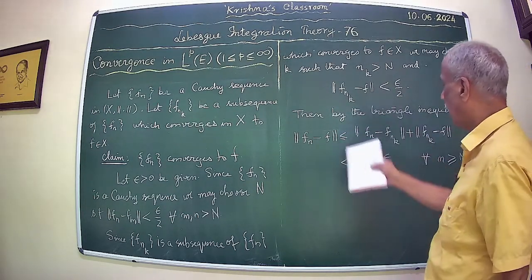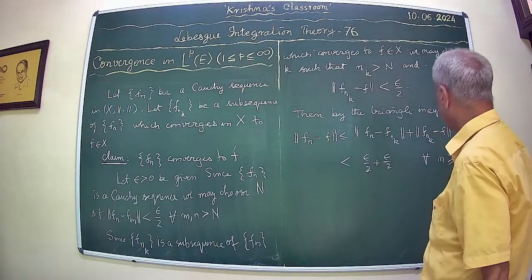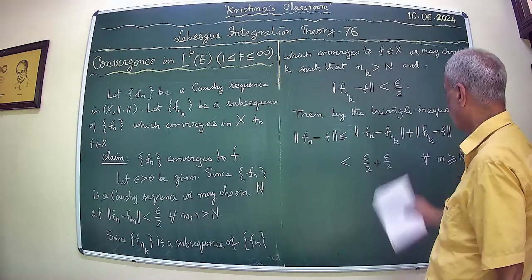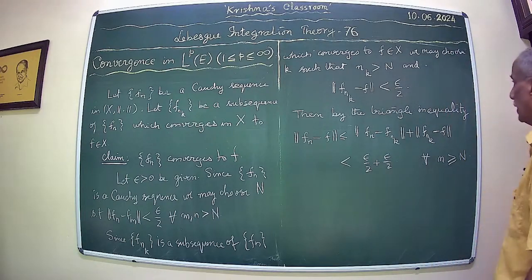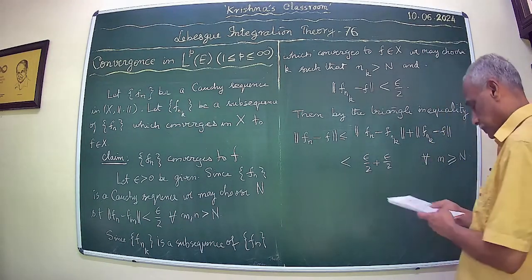And this part is Fn minus Fnk. If n is greater than N, and nk is greater than N, then this again is less than epsilon by 2.